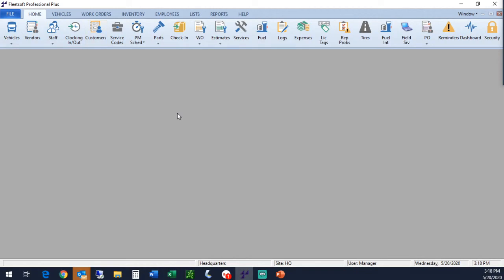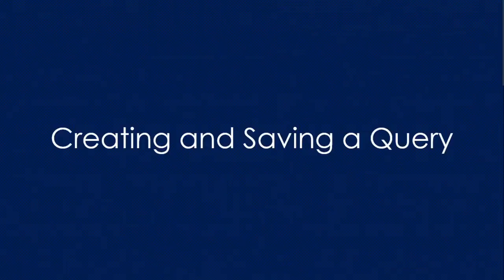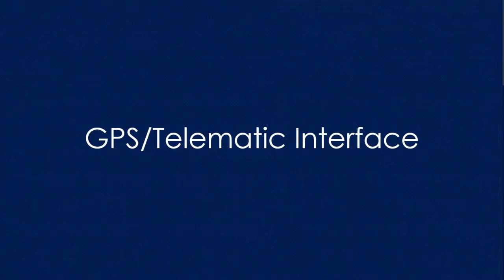All right, so that is what I have here for that, and next I'm going to show you a little bit of our GPS and our telematics system. This is a new feature that we added, and the customers that have implemented it have really improved their efficiency.